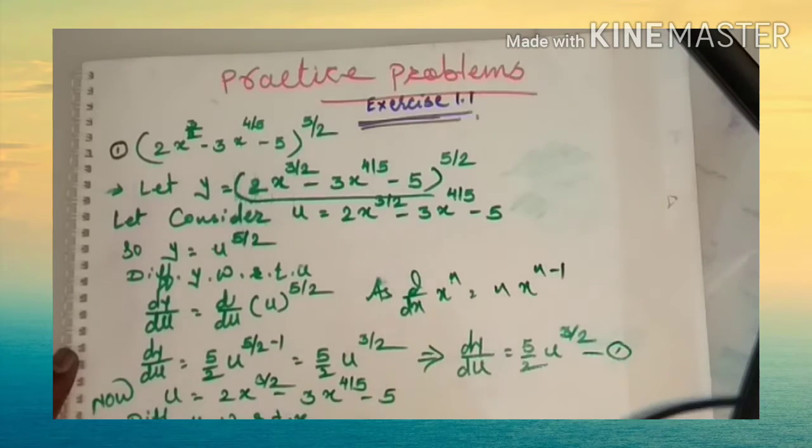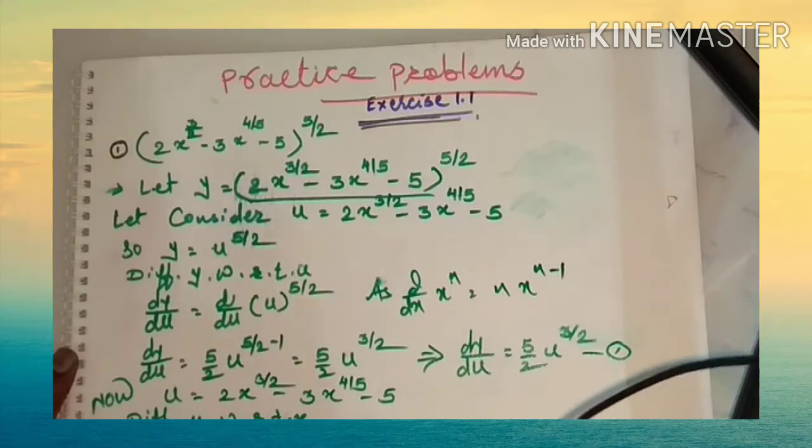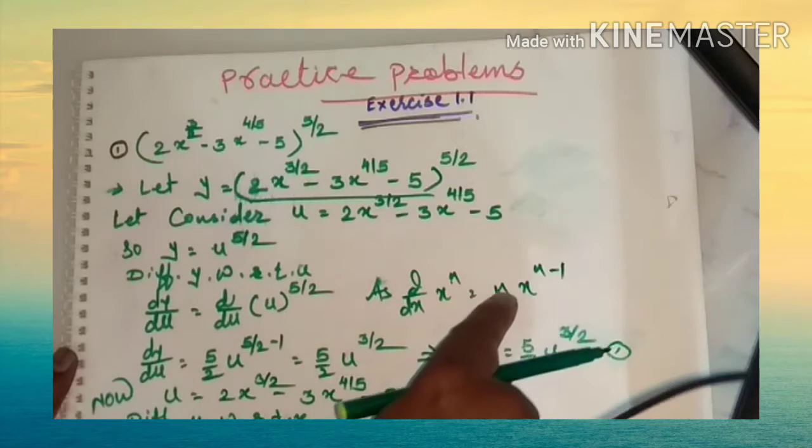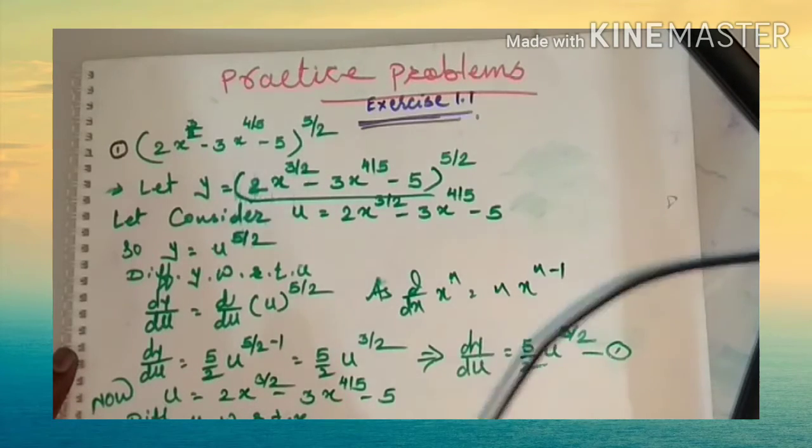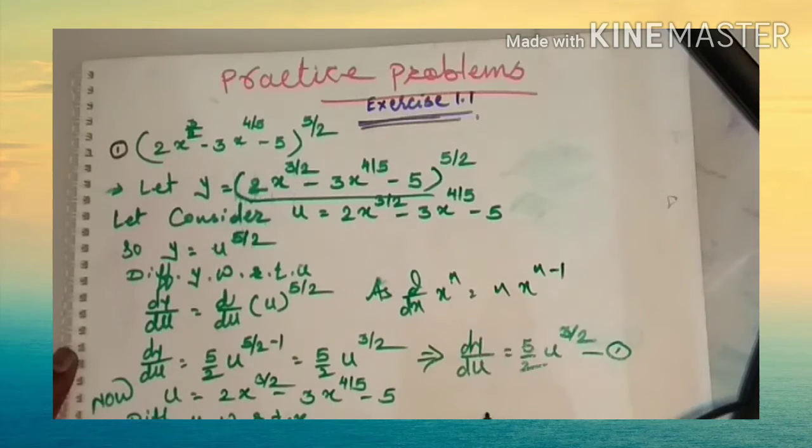Okay, so derivative of this term, 2 is a constant, so we will take derivative of x raised to 3 by 2. So derivative of x raised to 3 by 2, with this logic, 3 by 2 will come front, x as it is, power minus 1, n minus 1, so power 3 by 2 minus 1.